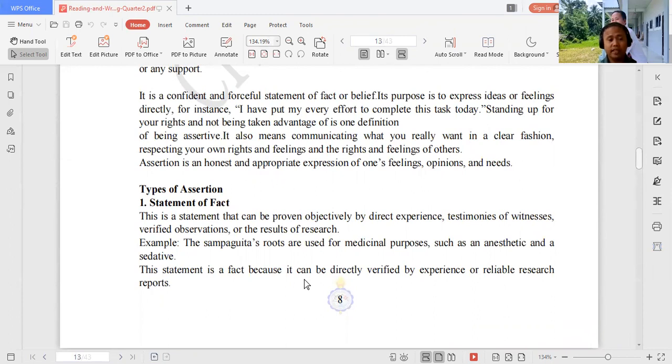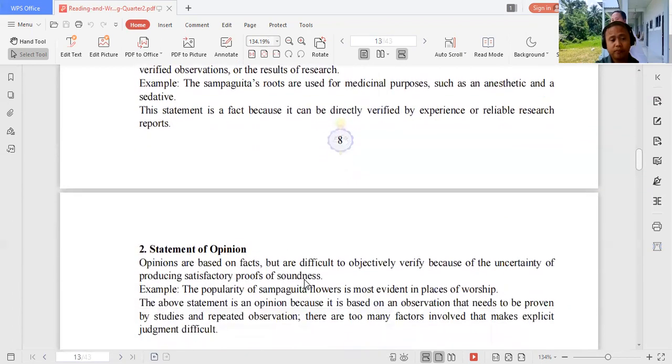For example, the Sampaguita's roots are used for medicinal purposes, such as an anesthetic and sedative. So this statement is a fact because it can be directly verified by experience or reliable research reports.